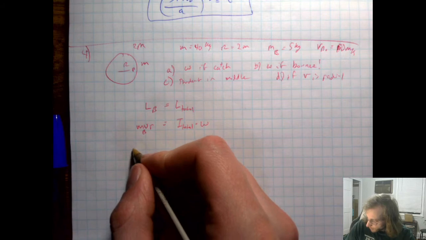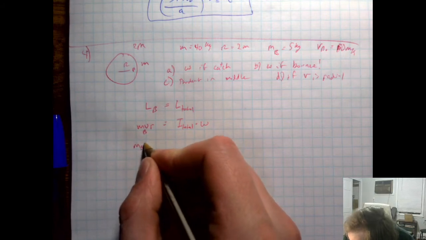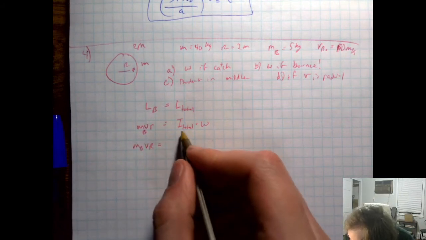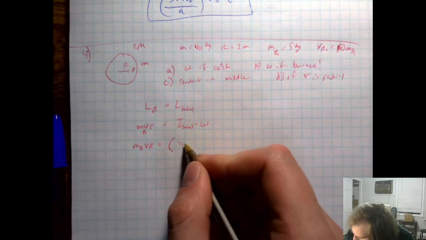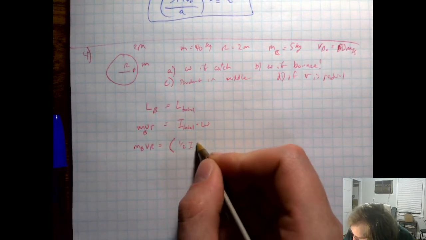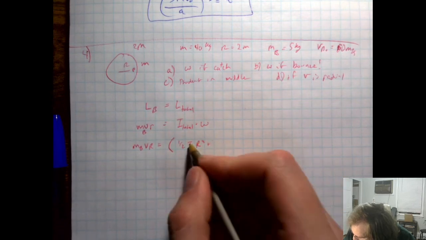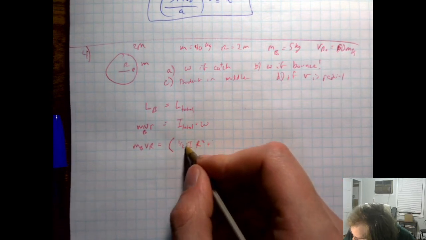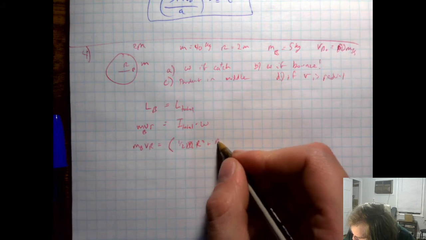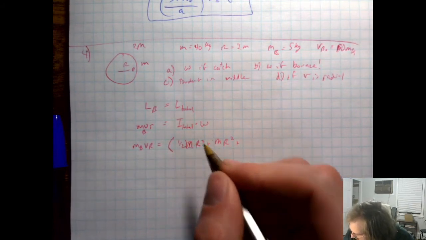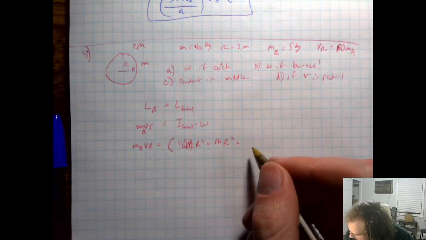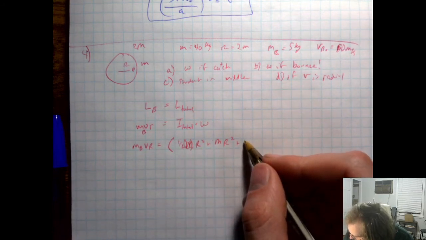Well, we've got mass of our ball times velocity times radius equals our total angular momentum. Our total angular momentum is our disk plus our person plus our ball. Our disk has a mass of 2m.